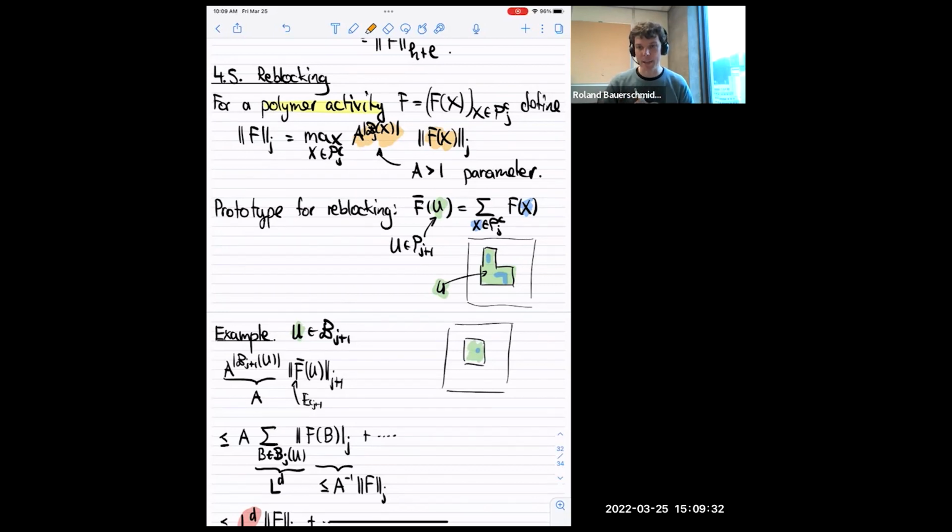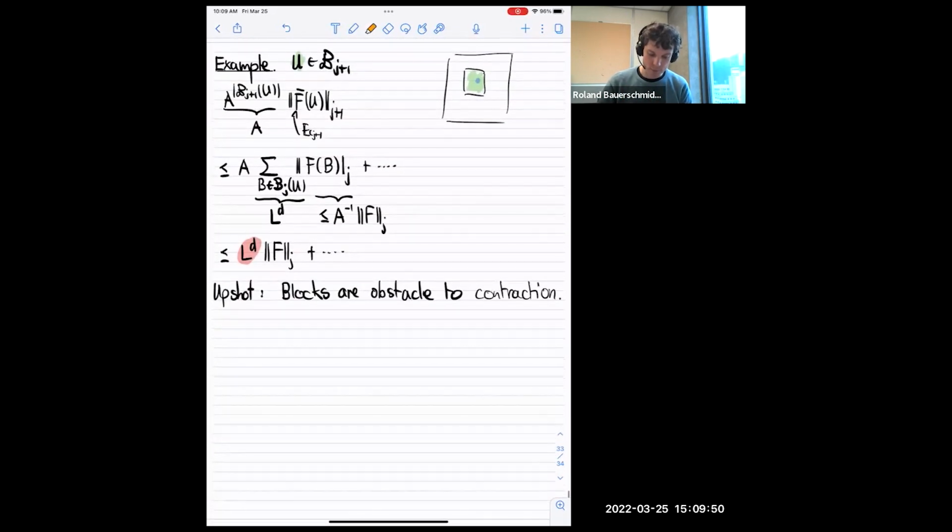The exponential weight will enforce that F of X becomes smaller and smaller the larger X is, and that'll capture the property we want, that the representation is approximately local. So this is the example where we stopped. We were looking at this simple reblocking map, trying to measure its size. We have to take a maximum over all sets U, but we just looked at a single one right now.